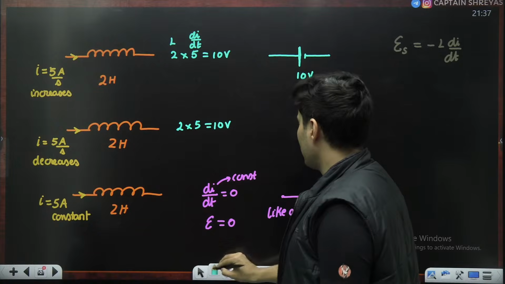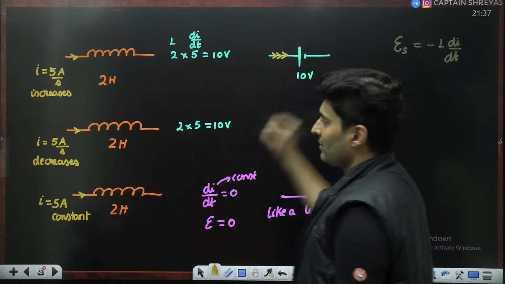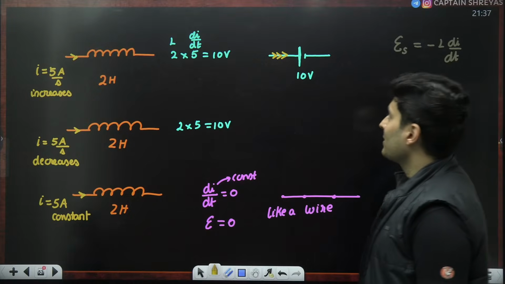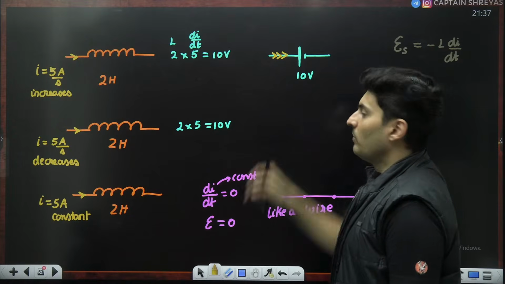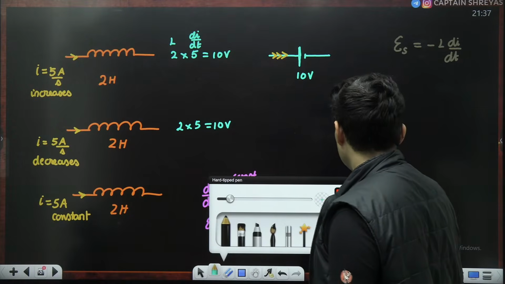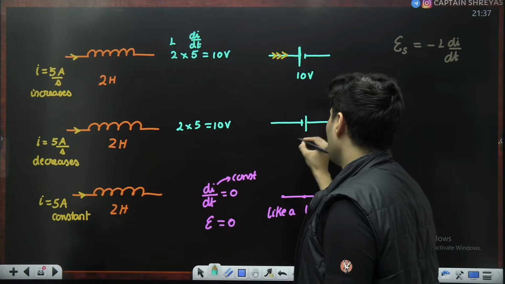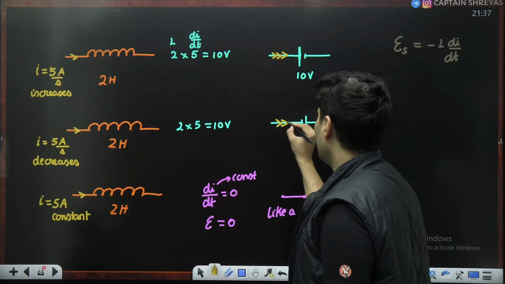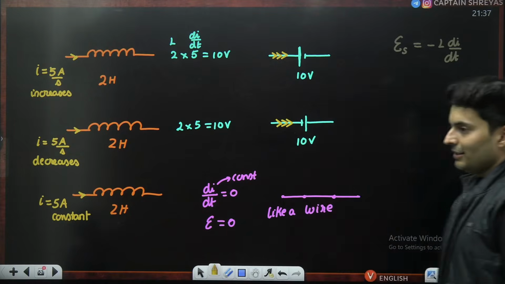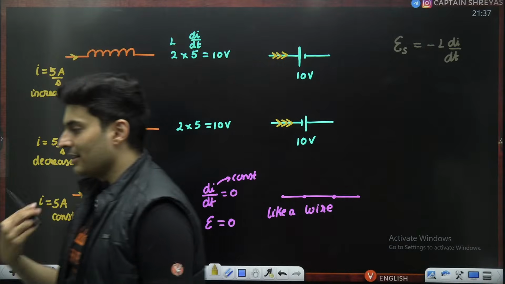This is 10 volts and the current here is trying to increase, so it will oppose it. So it will behave like a battery in the opposite way. Whereas here in this situation, current is trying to decrease, so it will help it. It will act like this, and this current which was reducing, it will try to increase that current. So that's the difference between these two arrangements when current is increasing versus decreasing.